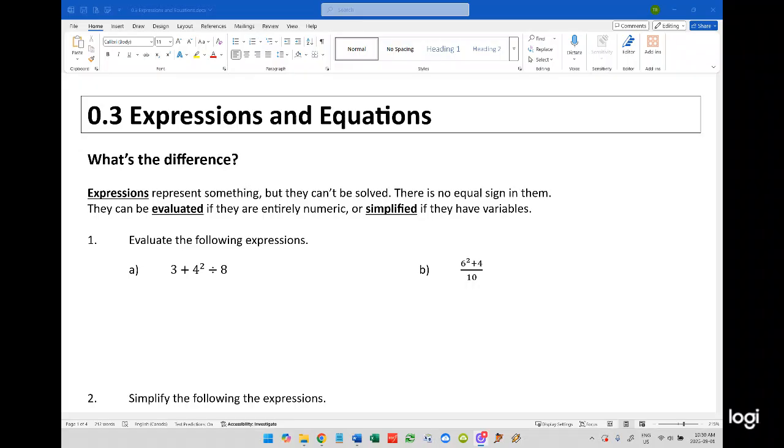An expression is something that is a mathematical representation of something, but there's nothing to solve for. All you can do is simplify what's already there to say that this is equivalent to this. So the first few examples here I've got are expressions, and then we'll get to equations, which is where we actually have an unknown and we're trying to figure out what that unknown is equal to.